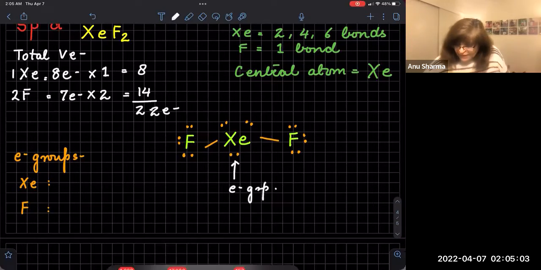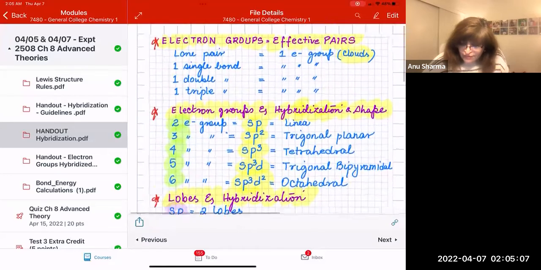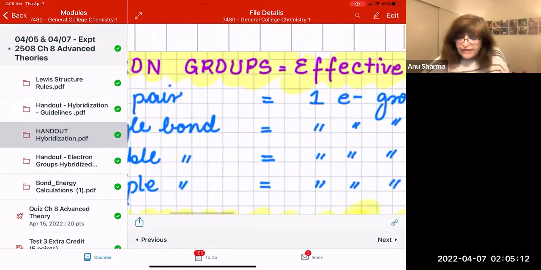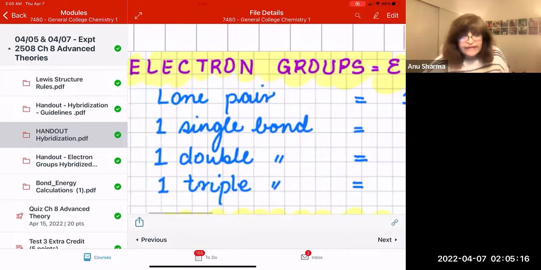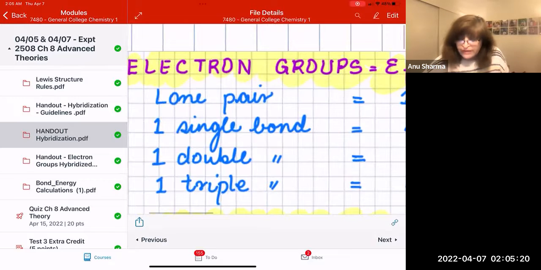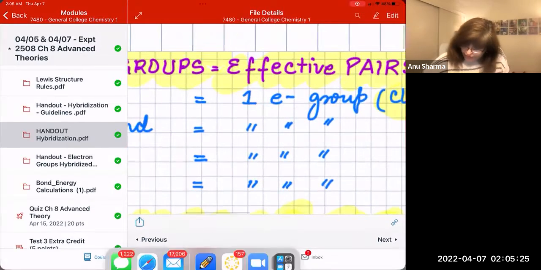As we covered, a lone pair is 1 electron group, a single bond is 1 electron group, a double bond is 1, a triple bond is 1.